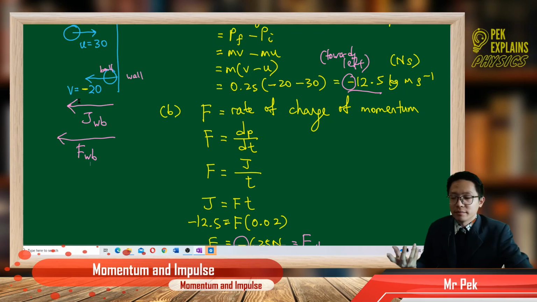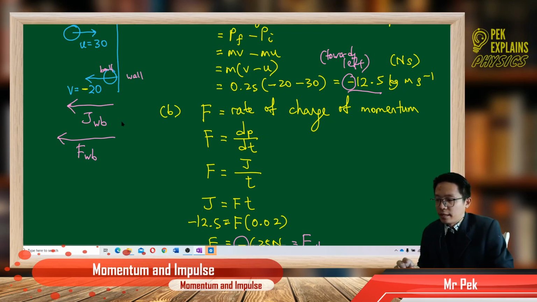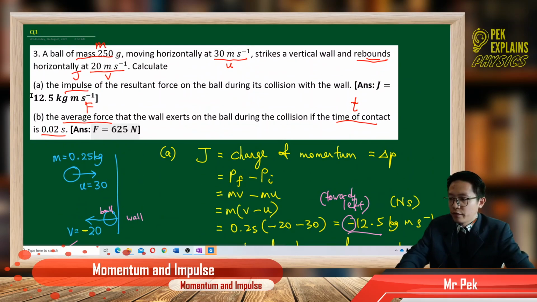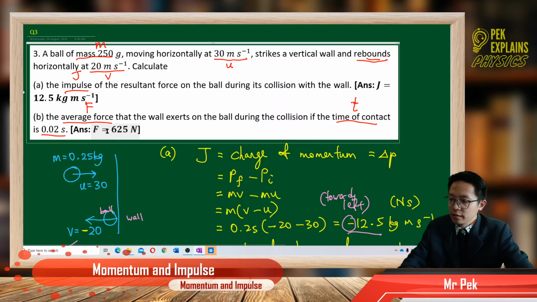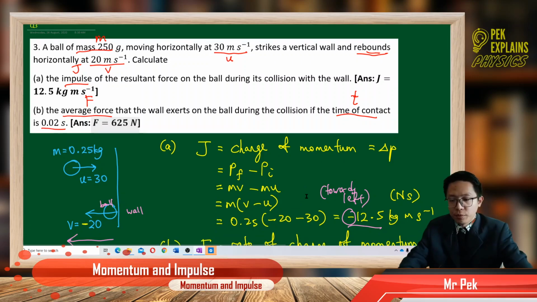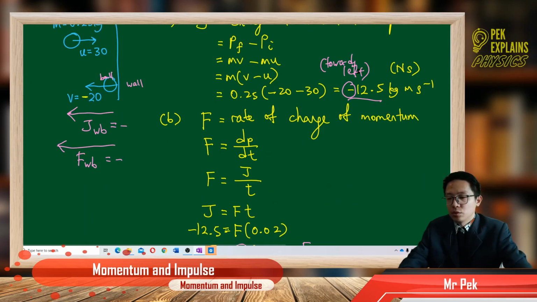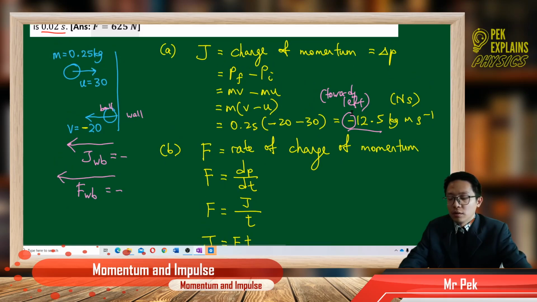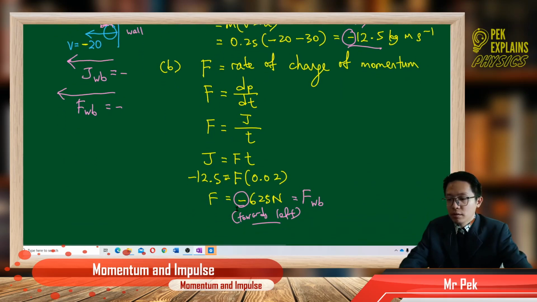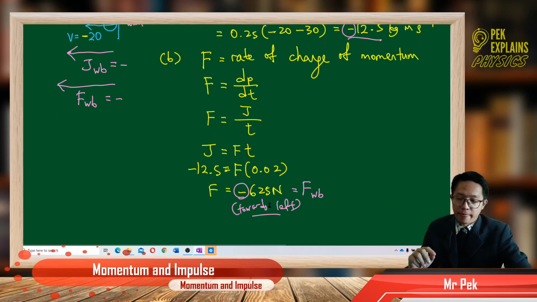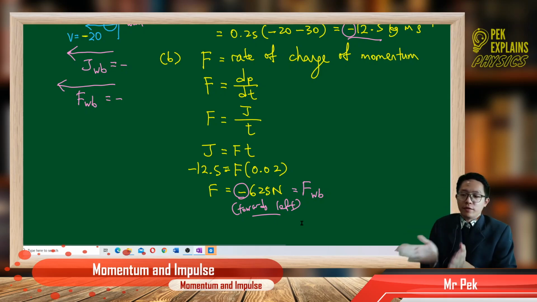It rebounds. So both of these have a negative sign. The final answer should have a negative sign, because it is towards the left. The impulse on the ball and the force on the ball are all to the left, causing it to rebound to the left. So negative means to the left.